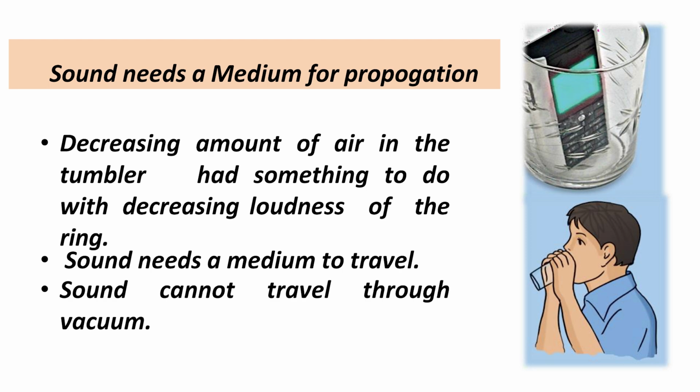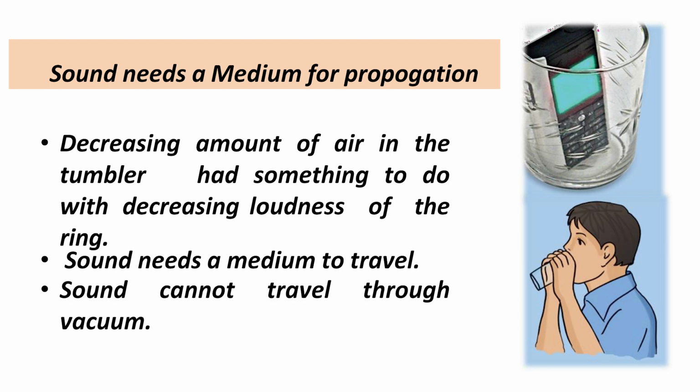So we can conclude that for the propagation of sound, it requires a medium. Definitely there must be a medium. And also one more activity, just put a phone or any source of sound in your tumbler and if you close that, you can feel the decreasing loudness of that particular sound.